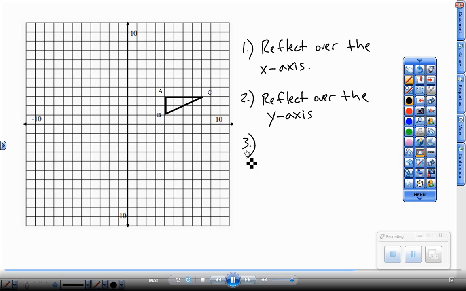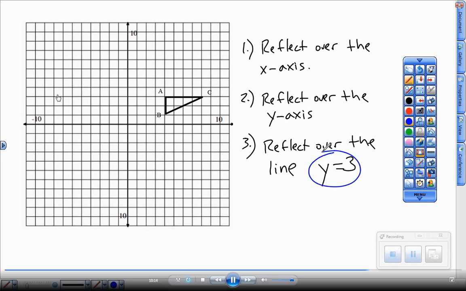And then number 3, I want you to reflect, and I'm going to give you a brand new line, over the line y equals 3, which is a horizontal line through 3 on the y-axis. That's what that line is. Know how to graph those. y equals 3. Straight horizontal line through the 3 on the y-axis.